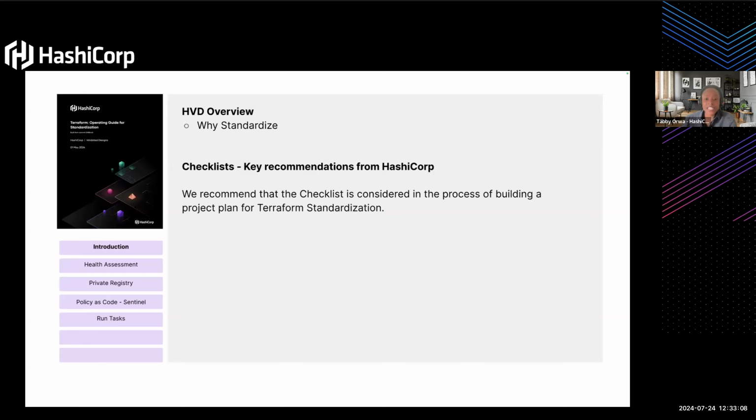So on building a checklist for the standardizing phase, we want to make sure that 1, you have a golden image build and hardening pipeline that uses something like HCP Packer. 2, we want to ensure that you have health assessments enabled across all your workspaces. 3, we want you to make use of the private registry. And 4, we want you to utilize Sentinel policy as code. Again, the run task portion is optional.